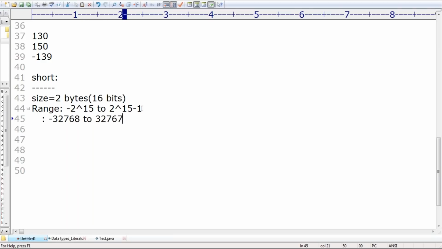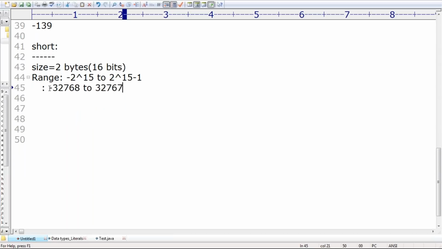Remember that, this is the range. If you want to represent values in this range, then short is the recommended type, but very rarely will we use it.